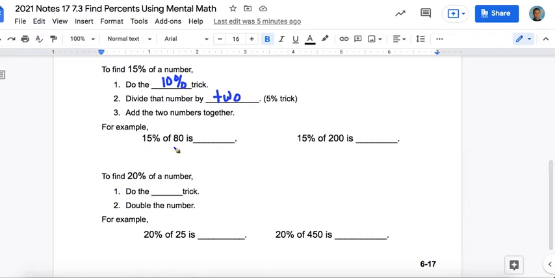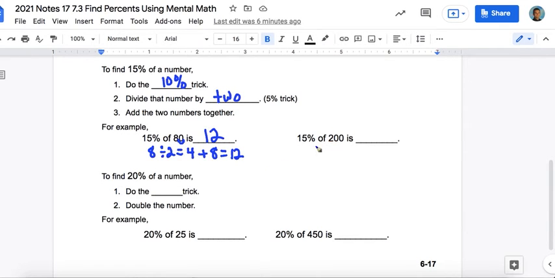Okay, so we're going to start after the number and take 10%, so it's 8. And then we're going to take half of 8 to get the 5%. So 10% is 8. Now we're going to take half to get the 5%. And 8 divided by 2 is 4. So now we're going to add 4 plus 8, and 4 plus 8 is 12. So the answer is 12.